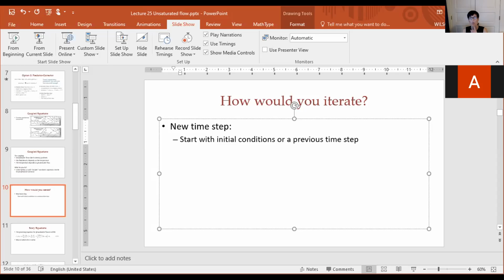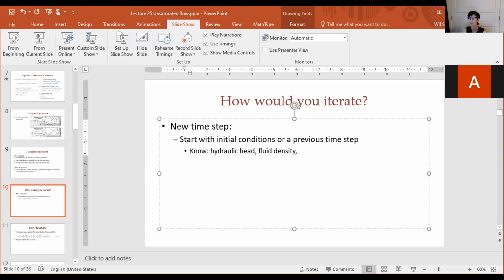All right, and let's see, what would we know from that previous time step? We would know the hydraulic head. We would know the fluid density, right? Groundwater density.